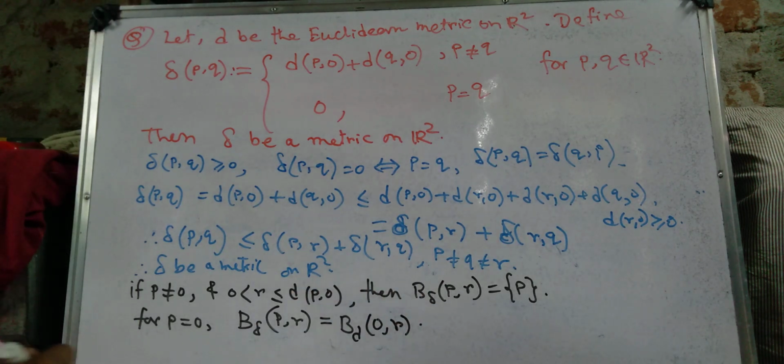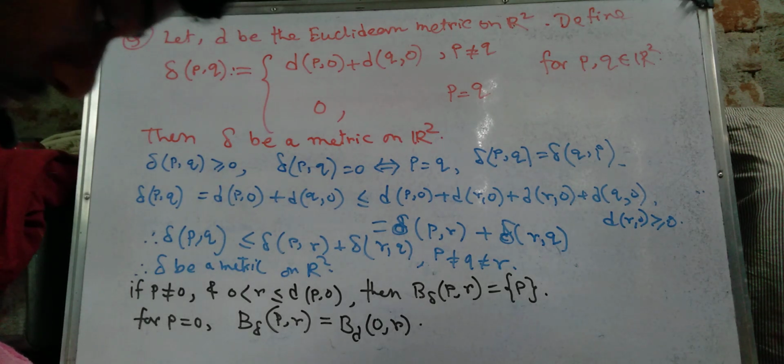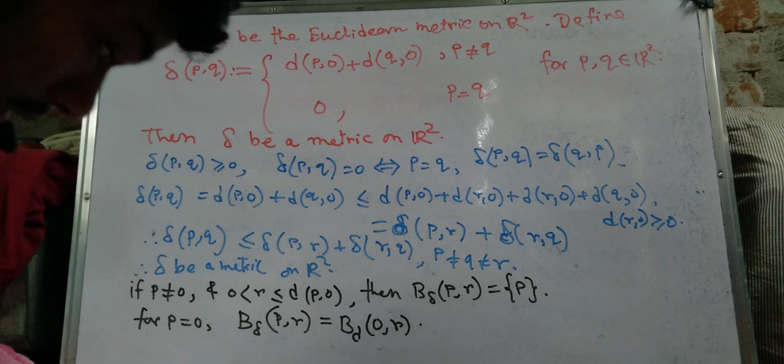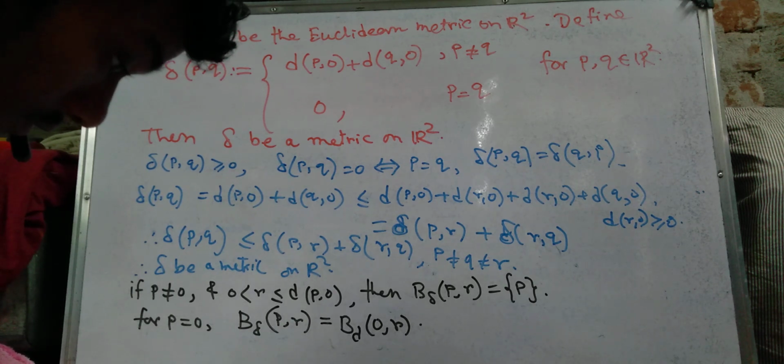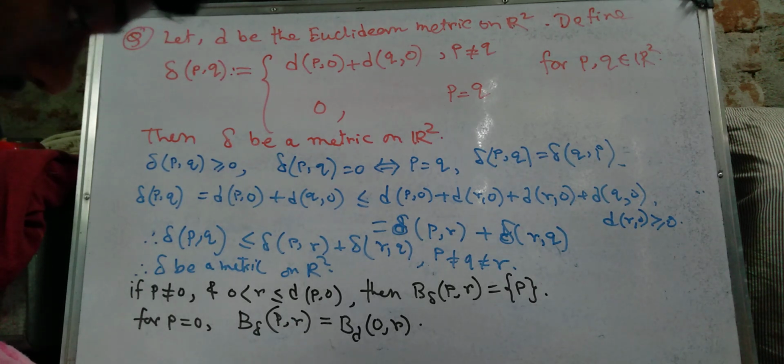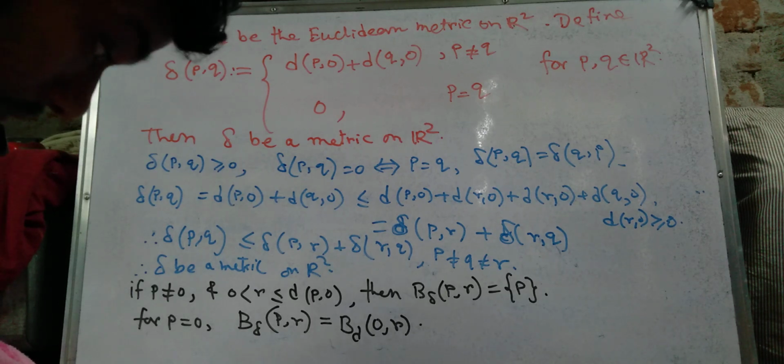Okay, then for p equal to 0, B_delta(0,epsilon) equals B_d(0,r).